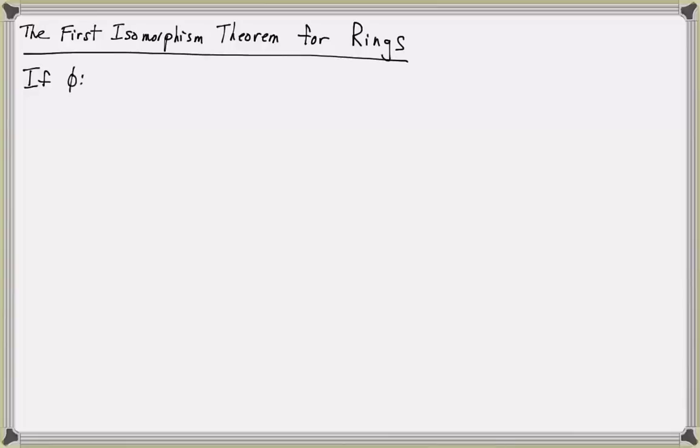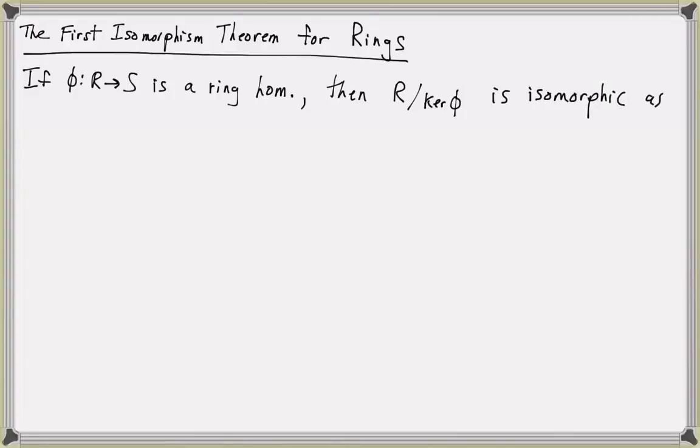So if phi is a ring homomorphism from R to S, then R mod the kernel of phi is isomorphic as a ring to the image of phi, phi of R. Again, the proof is basically identical to the proof in group theory, so we're going to omit the proof.